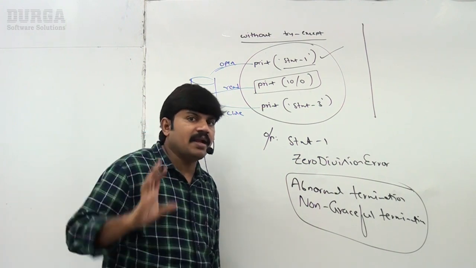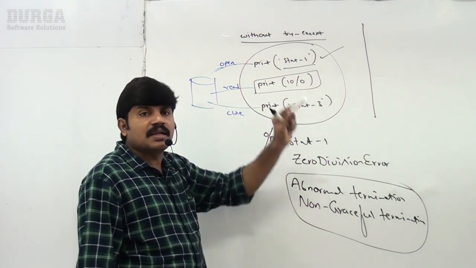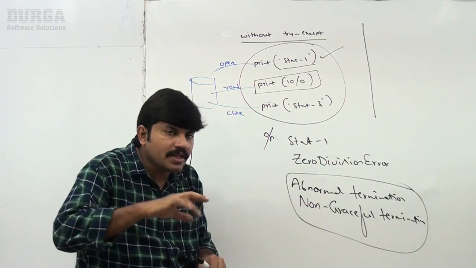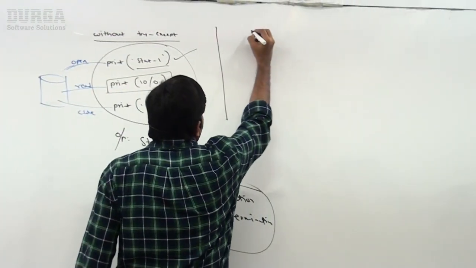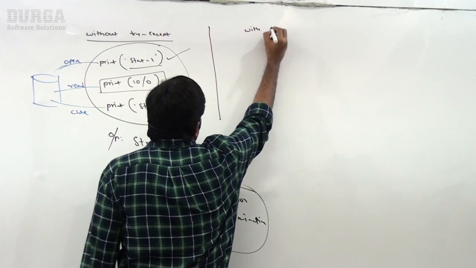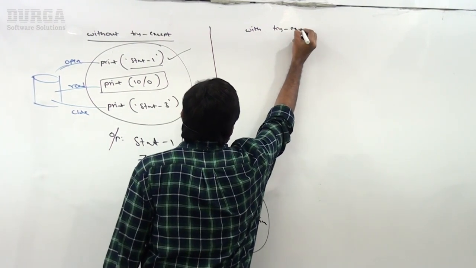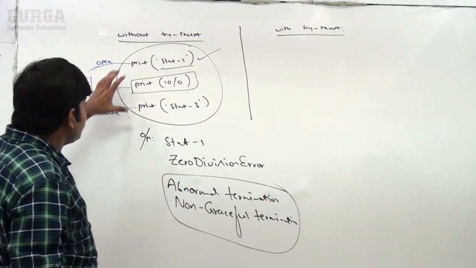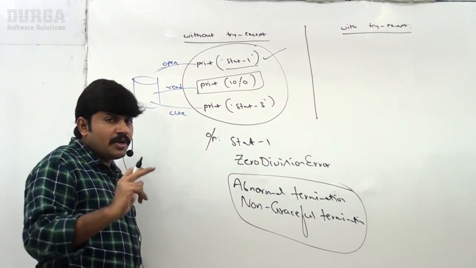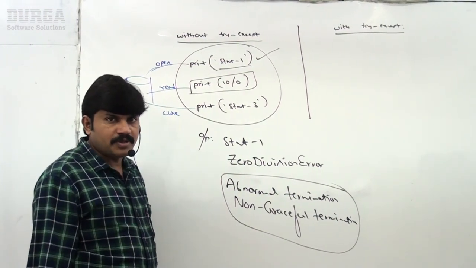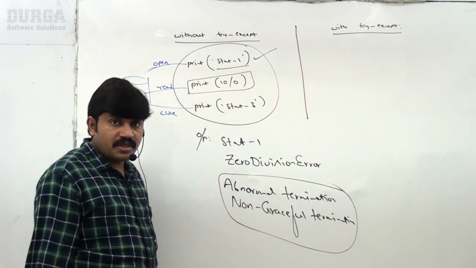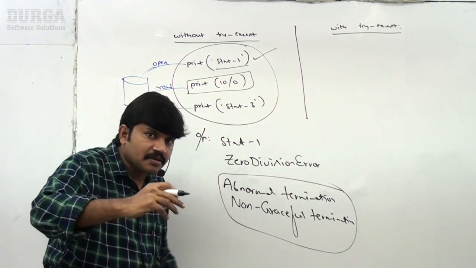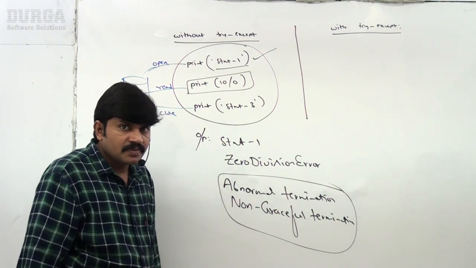Compulsory, we should handle exceptions by using try except. Same code with try except, what will happen? Just have a look once. Very important: in this program, how many lines of code are there? Three lines.